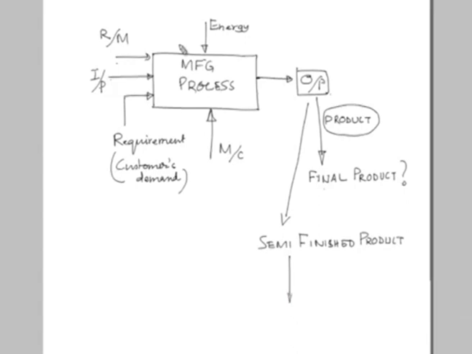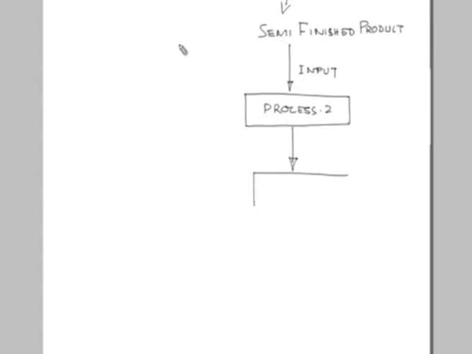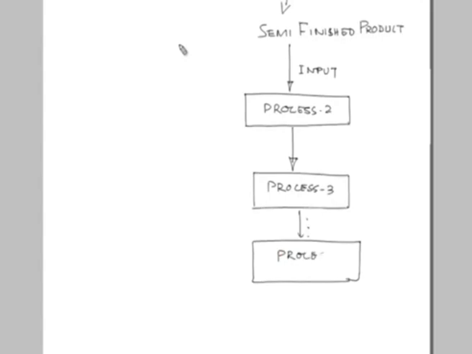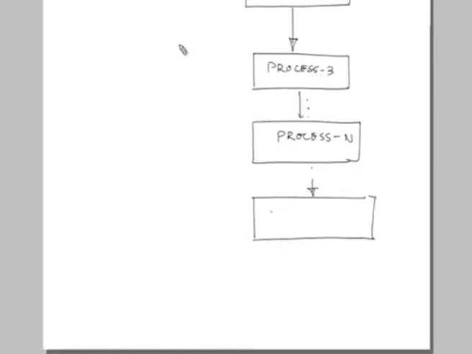This semi finished product will enter as input to some other process in between, say process 2, then maybe again it will flow through process 3, and so on, it can go through process n, and finally we may get the final product.